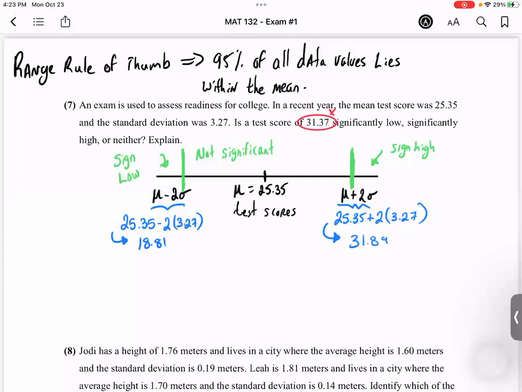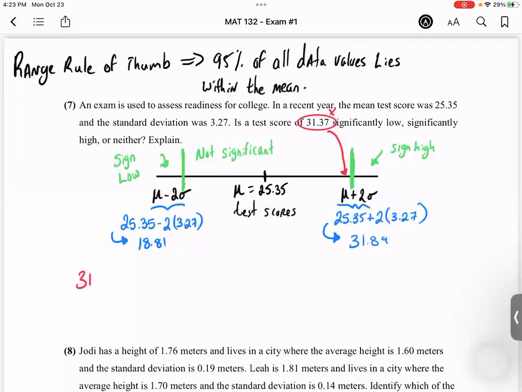There you go. So if I were to plot this on the number line, 31.37 should be right next to 31.89. But since it falls in the middle, right, we say that it's not significant, okay?